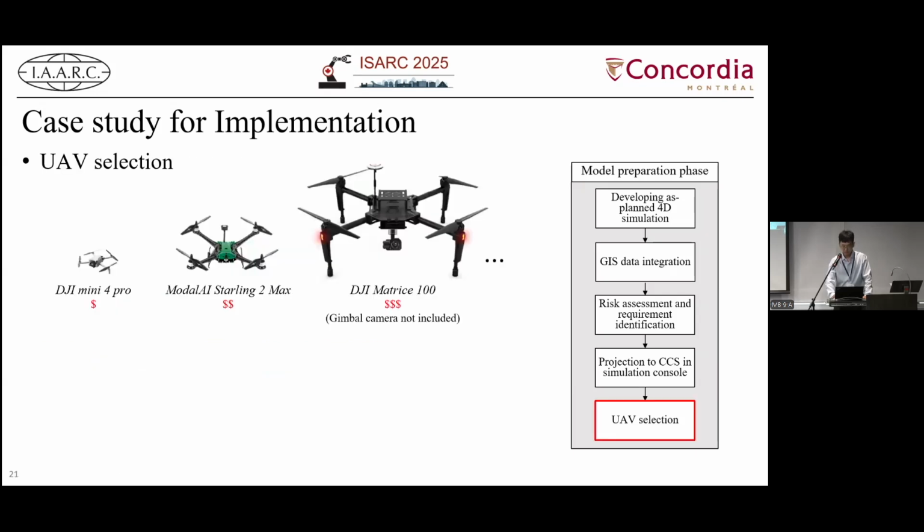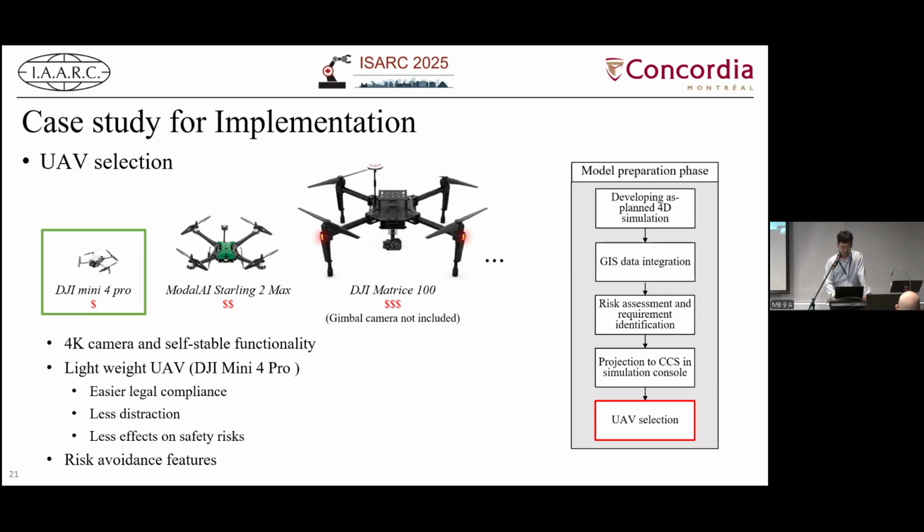Then after that, we select our UAV. So these are the three UAV models that are available in our department. We have the mini one and then the medium one. This one has AI capability, and this one has some customization capability.